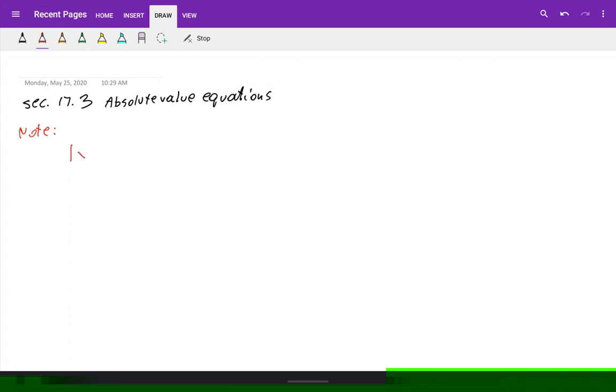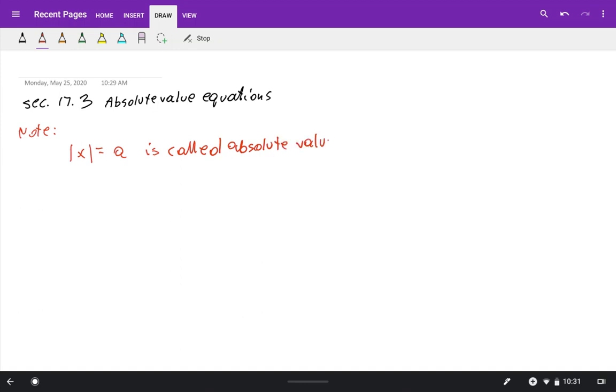So we have absolute value of x equal a, where a is a number or expression, is called an absolute value equation.